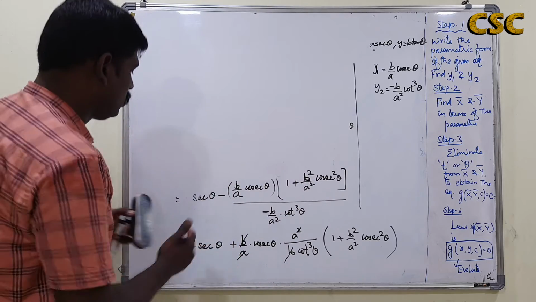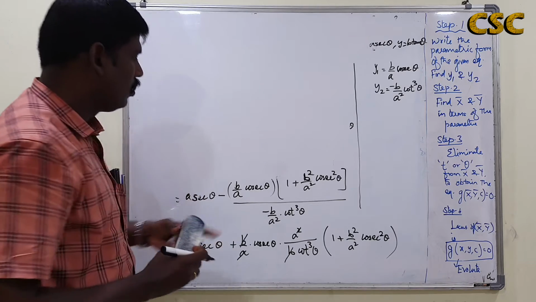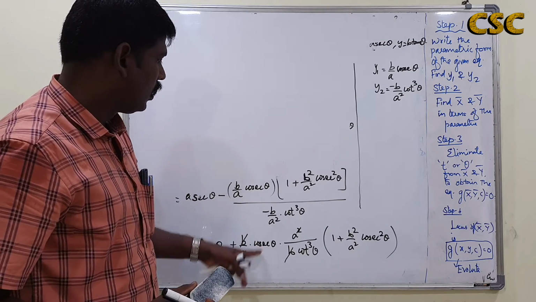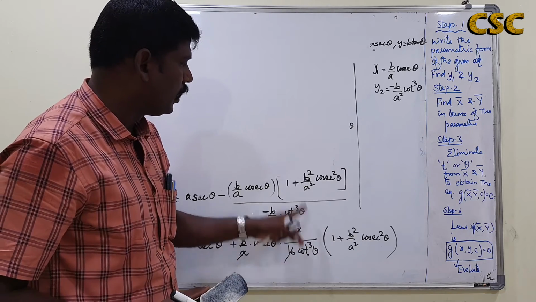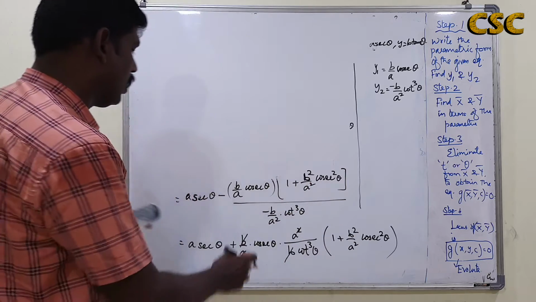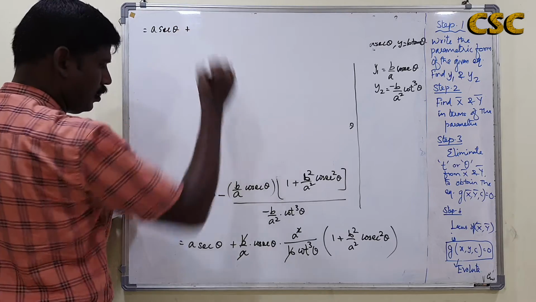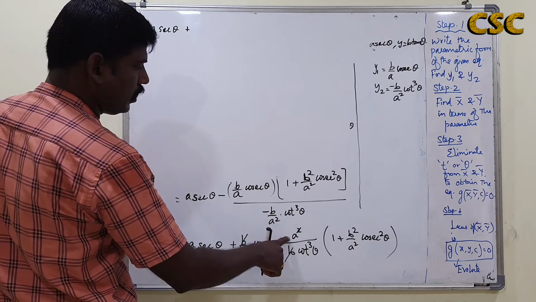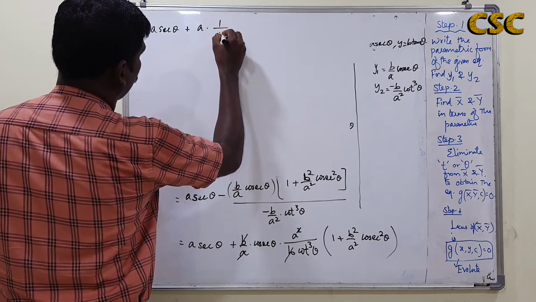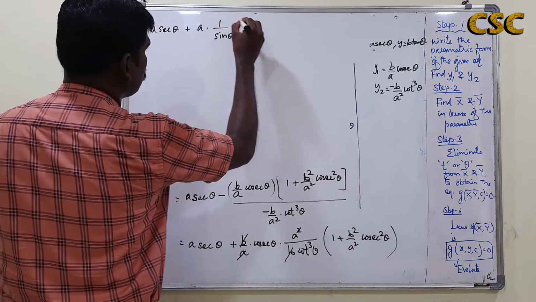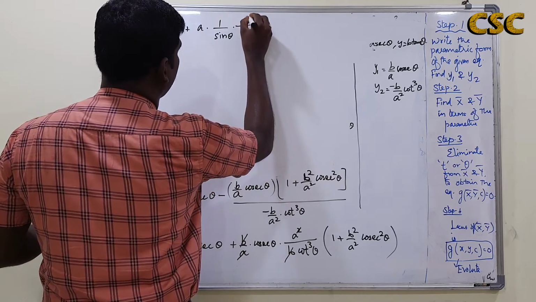Right. So simplifying this one, a secant theta minus b by a cosecant theta is here. This becomes the reciprocal multiplication a square by b cot cube theta into 1 plus b square by a square cosecant square theta. So make it every term a secant theta plus, this cosecant theta becomes what is remaining here, a into what is cosecant theta, 1 by sin theta, into what is cot cube theta, cos cube theta by sin cube theta, that can be taken into the numerator.